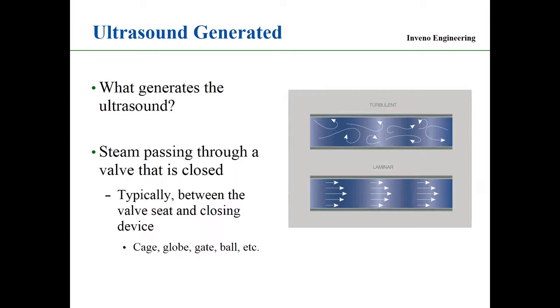The leak path will generate a turbulent flow. The leakage between the valve and the seating surface will generate a turbulent flow, which will generate a high-frequency ultrasound, which this unit will pick up, on any type of valve, such as cage valve, globe, gate, or butterfly.